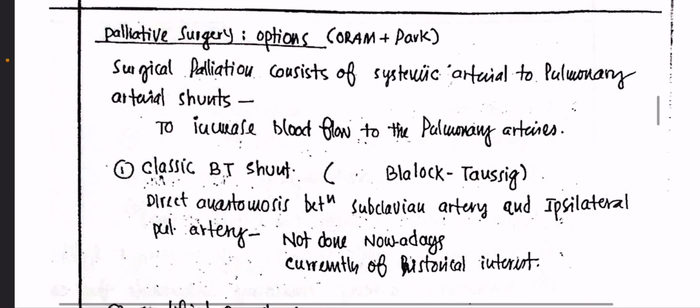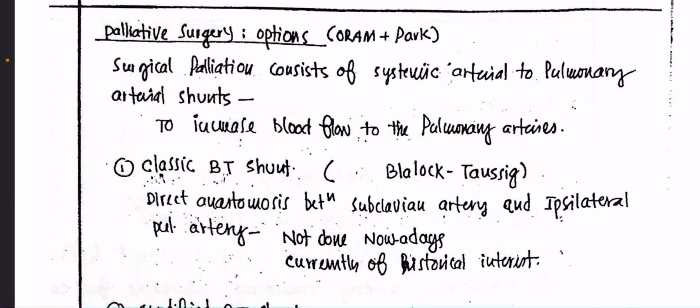Now, palliative surgery options. Surgical palliation consists of systemic arterial to pulmonary arterial shunts to increase blood flow to the pulmonary arteries. They are the classic BT shunt, the Blalock-Taussig shunt, with direct anastomosis between the subclavian artery and ipsilateral pulmonary artery.